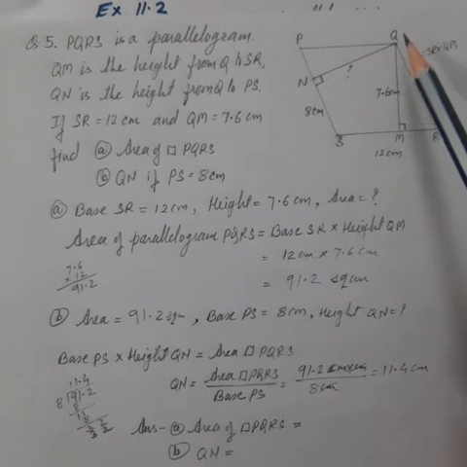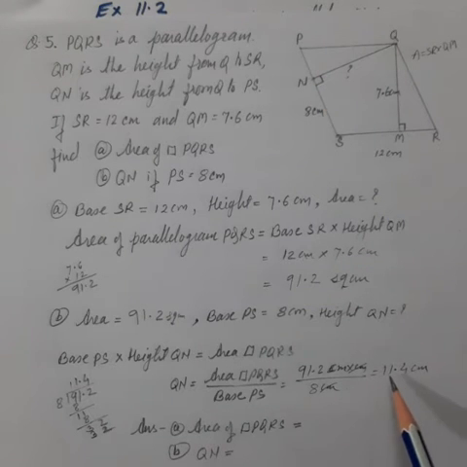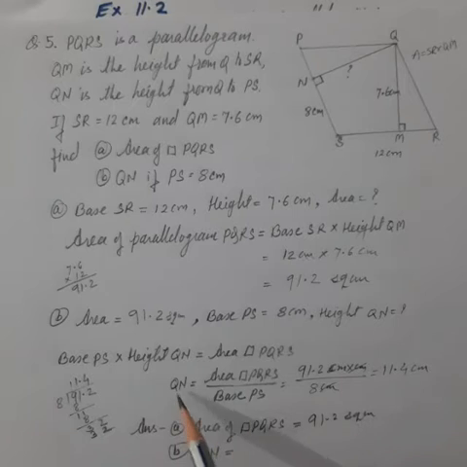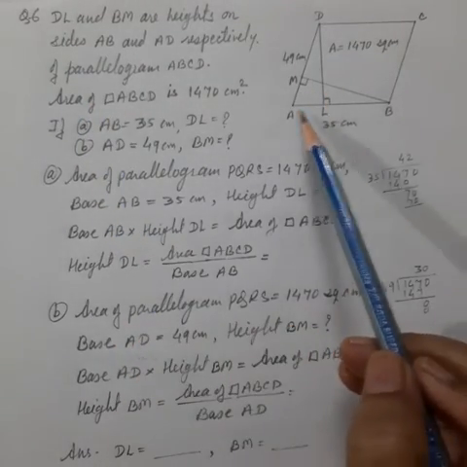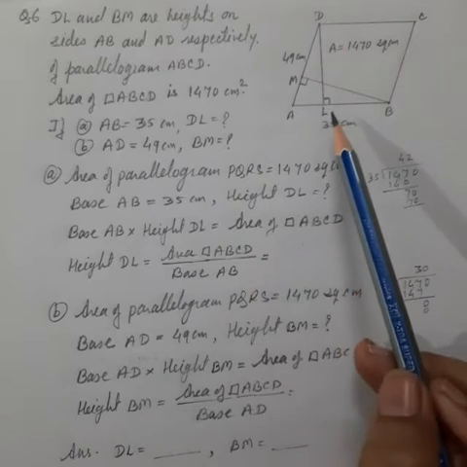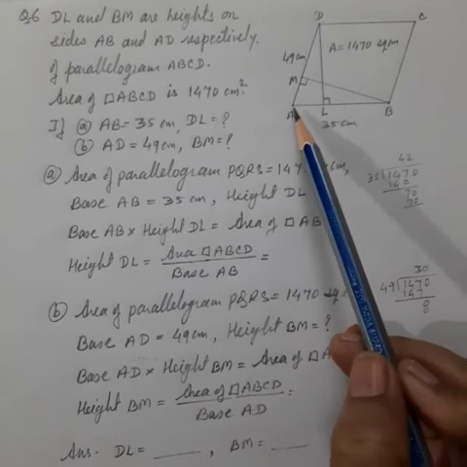So the height QN is 11.4 centimeter. So we get answers here. Area of parallelogram PQRS is 91.2 square centimeter and height QN is 11.4 centimeter.